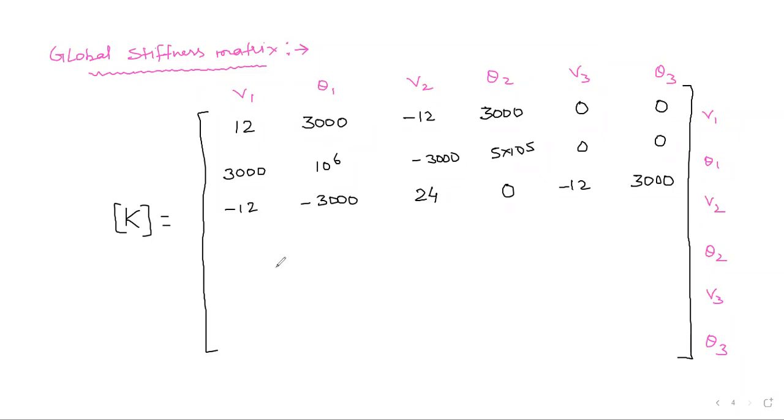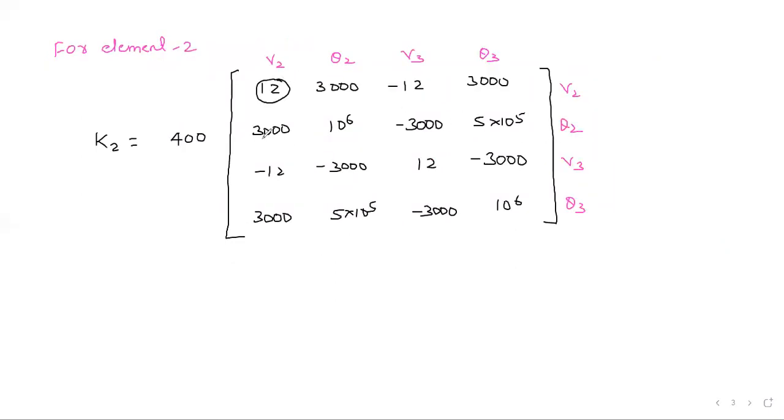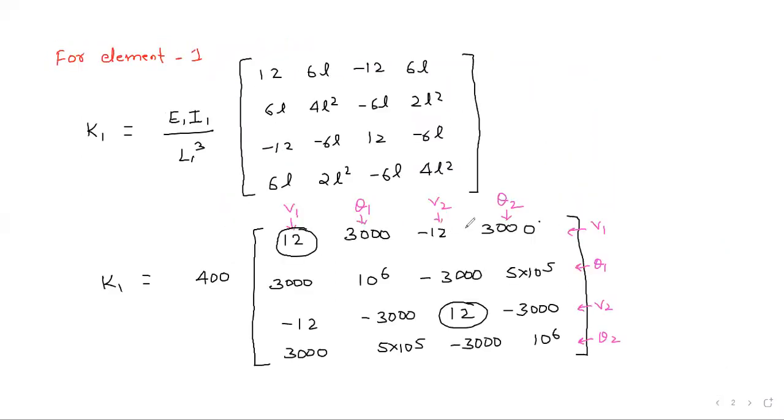If we continue the same thing, we can write V1 theta 2. So it is 3000. Next, it will be 5 into 10 to the power 5, right? So here again, V2 theta 2 is 3000, and in K1, V2 theta 2 is minus 3000.